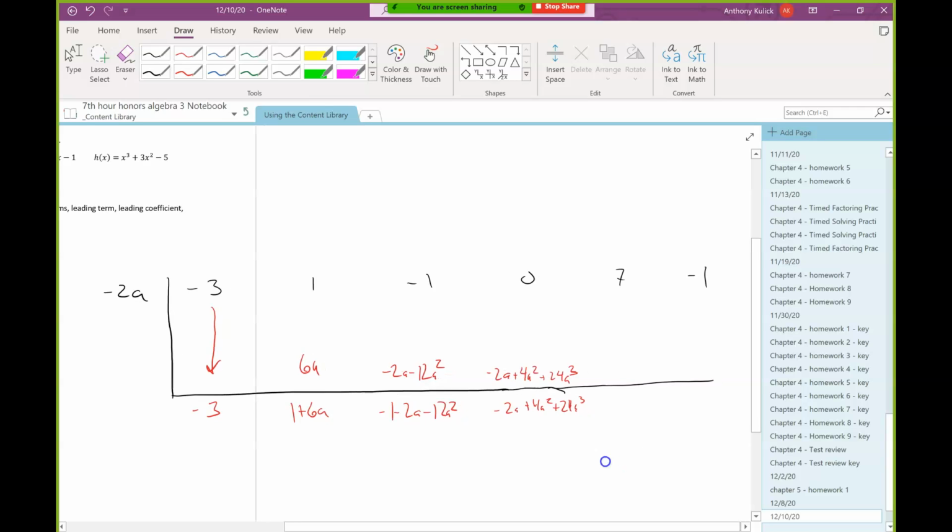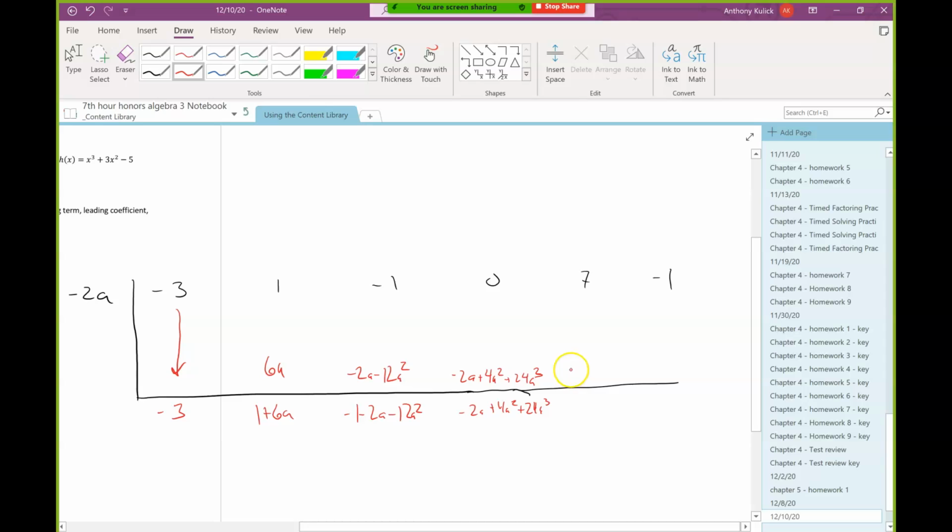And I multiply the -2a again. And we add down.